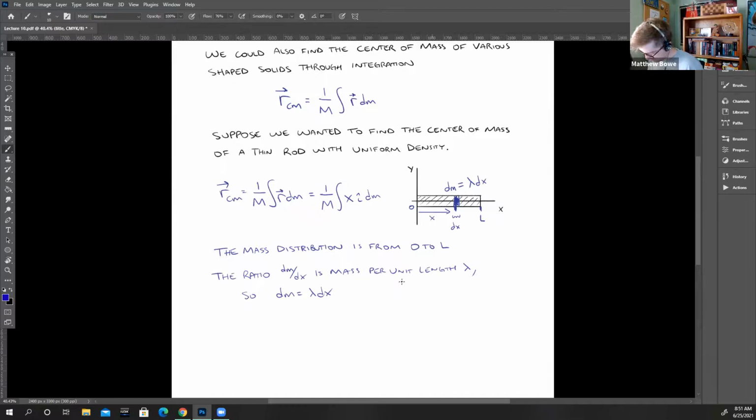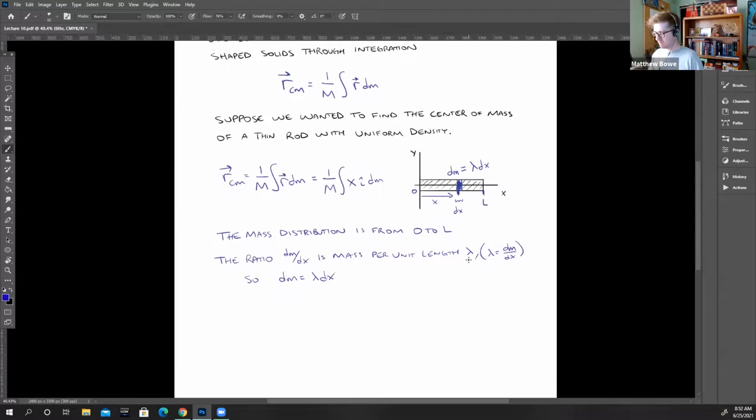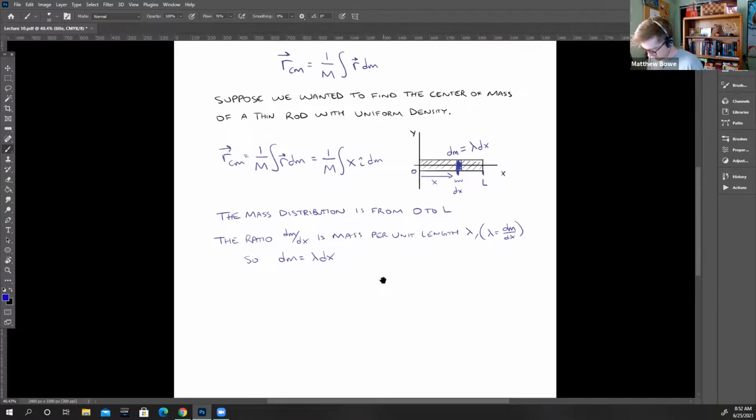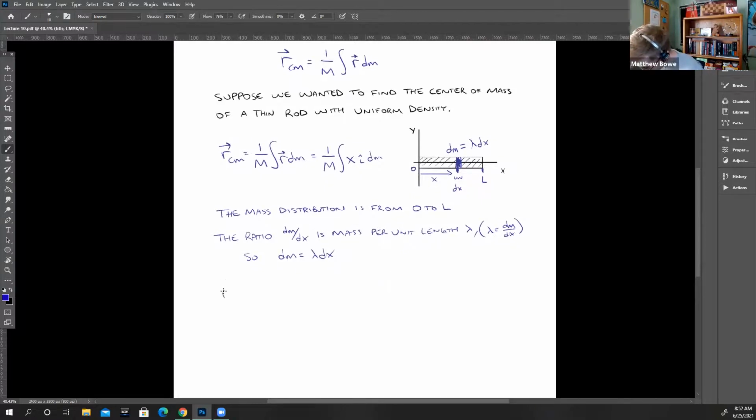Now moving on, we have a lot of things that we can do from this point. The position vector is 1 over total mass.